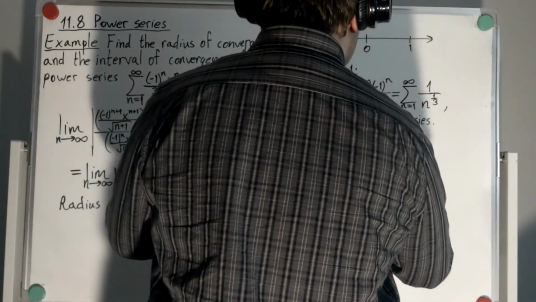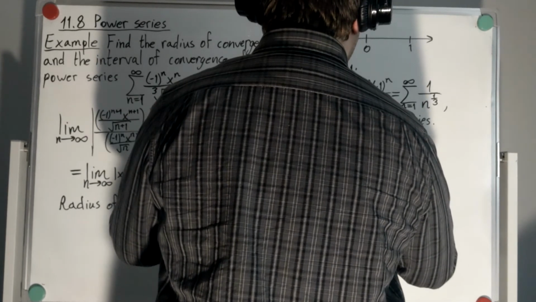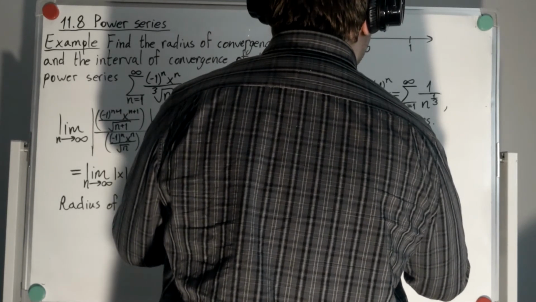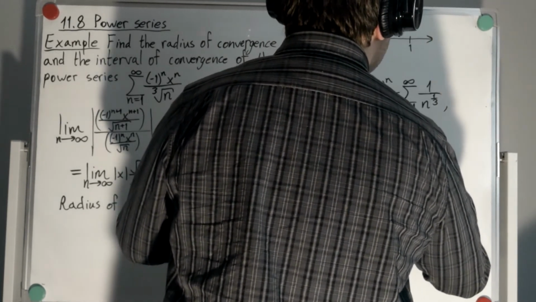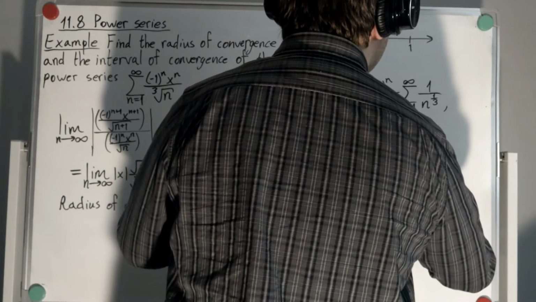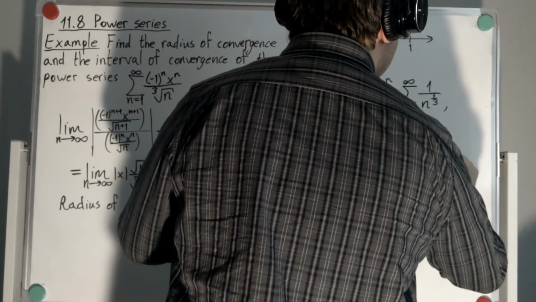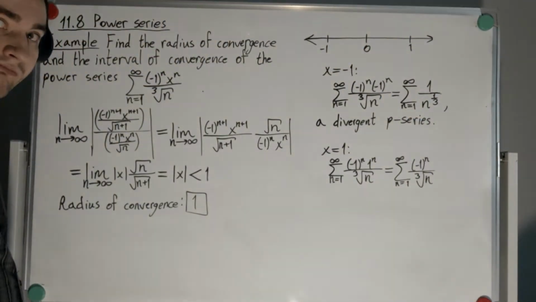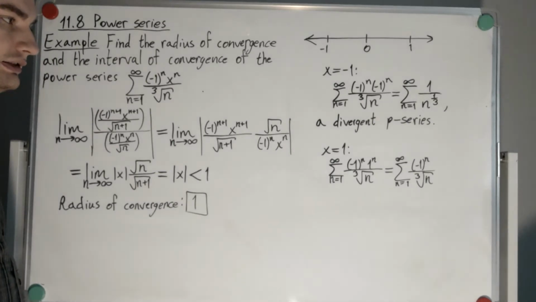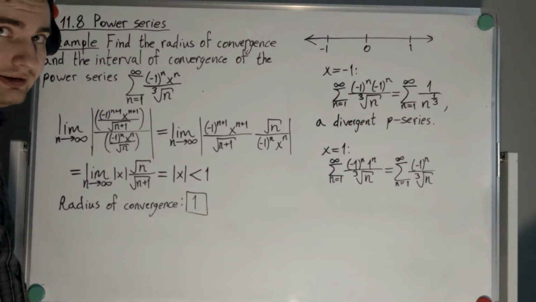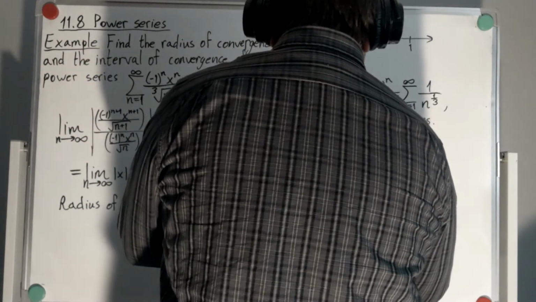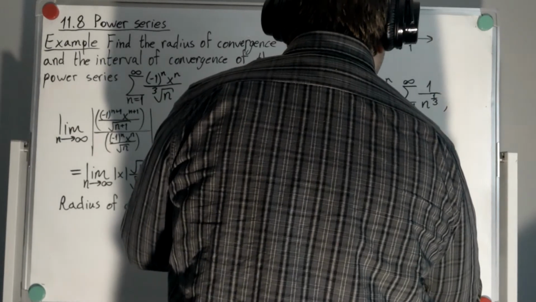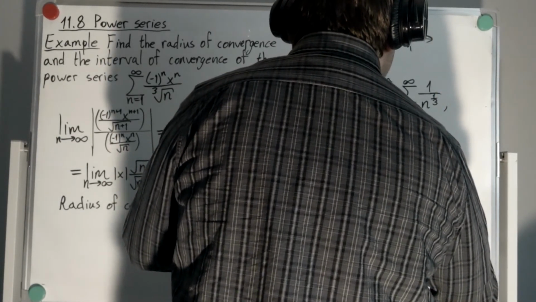Well, when x equals 1, this looks like the sum from n equals 1 to infinity of (-1)^n times 1^n divided by the cube root of n, which of course is just the sum from n equals 1 to infinity of (-1)^n divided by the cube root of n. That one is convergent by the alternating series test.